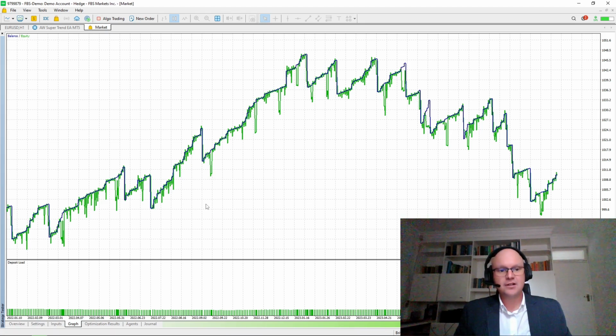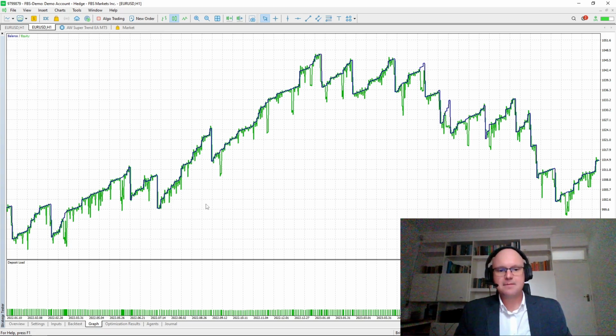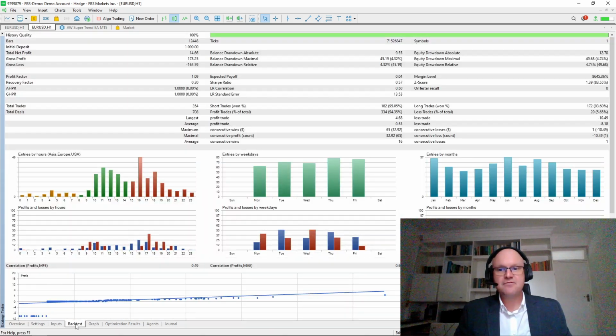So on default, eventually we see using a 0.01 lot that the bot is immediately profitable. But by looking at this graph, there is some room for improvement. So first on default, it generated a net profit of $14 with a profit factor of 1.09.